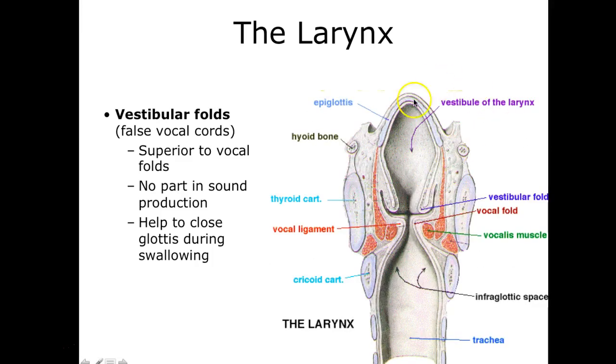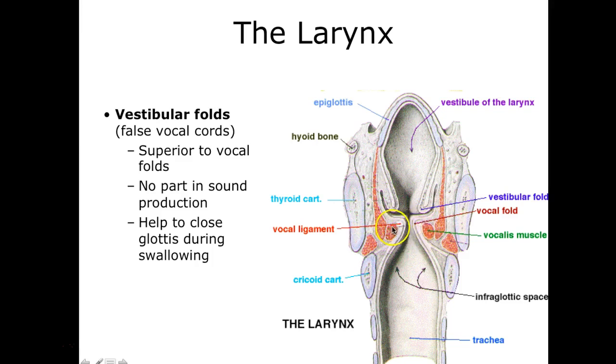And this is just another view. It is a frontal or coronal cut through the larynx. So this is what we call the vestibule of the larynx with the epiglottis on top. And then these folds here, this one and this one, would be our false vocal fold with the glottis in the middle. And then this in here are your true vocal folds.